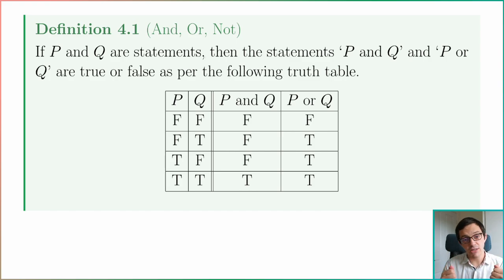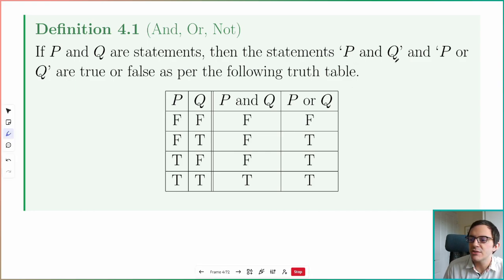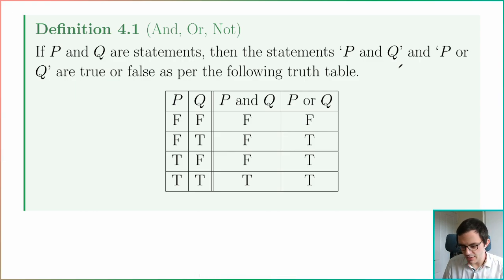Okay, so P and Q are statements, and then we can make a kind of compound statement out of those. If we claim "P and Q", the quote marks here indicating this is one sort of phrase that we're claiming, that's a new statement, which might itself be true or false.